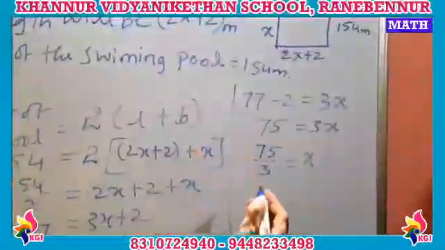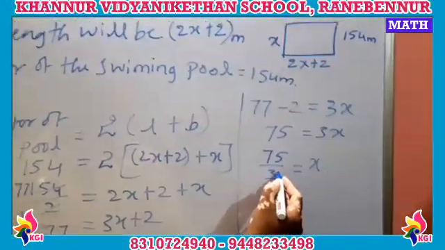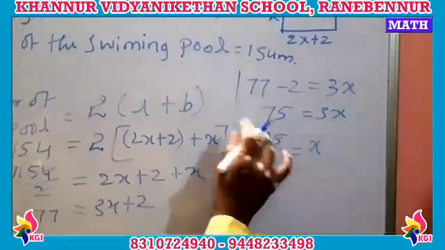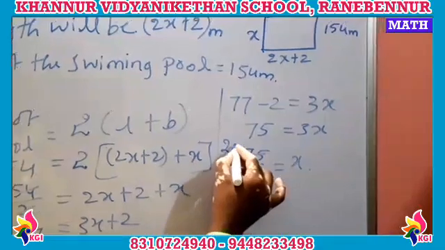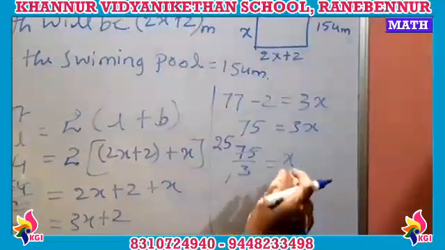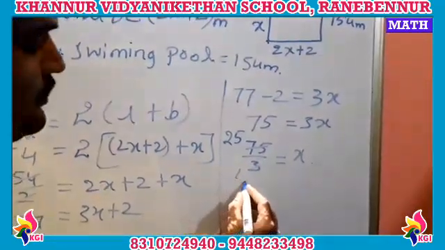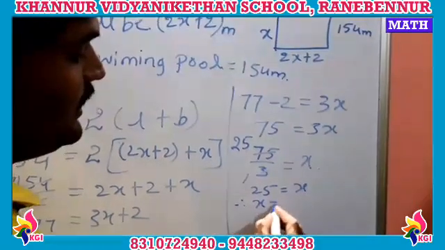Let us go for it. 3 ones are 3, 3 twos are 6, remain 15, 3 fives are 15. So we got x as 25. Therefore the x value is 25.